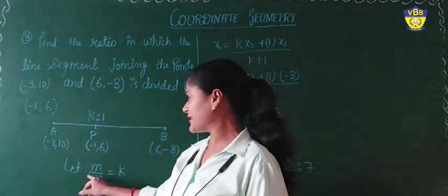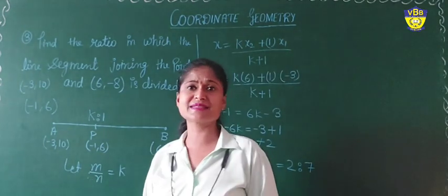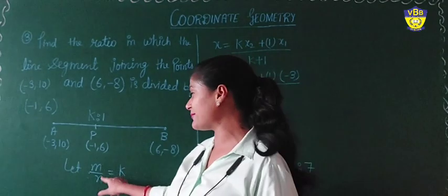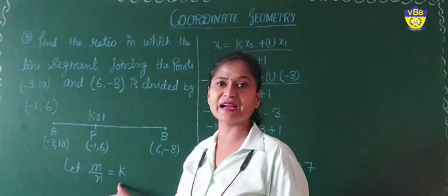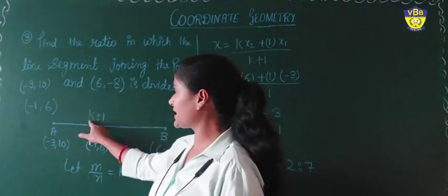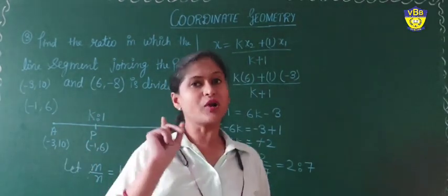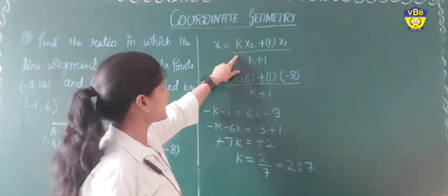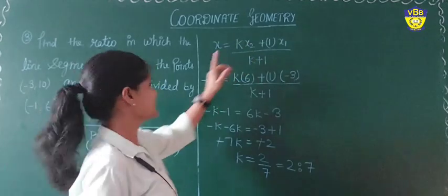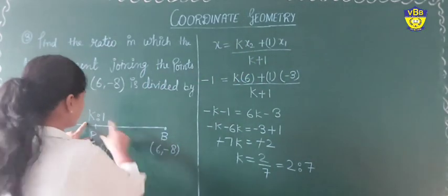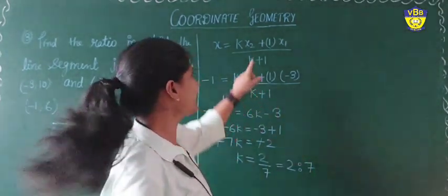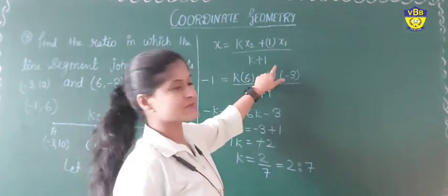Why is it changed according to our situation? No, beta. Can we write m upon n as a ratio, like a division? So can we write m upon n equal to another variable, k? I am writing k ratio 1 so that only one variable is needed. x is equal to k x2 plus 1 times the other value x1, upon k plus 1.